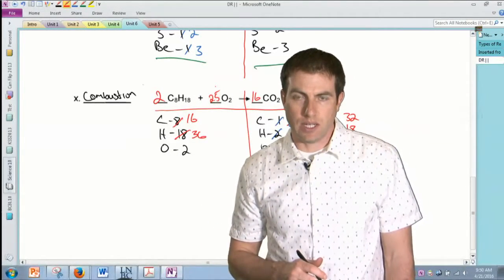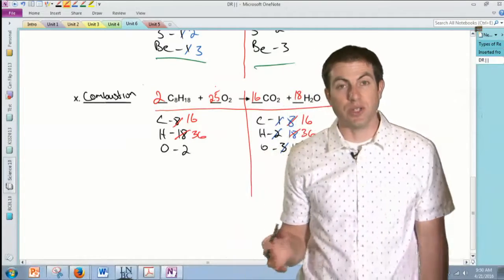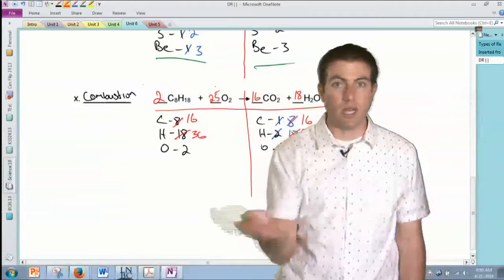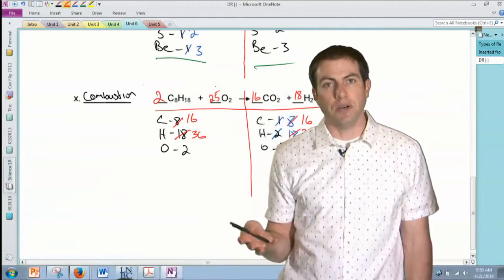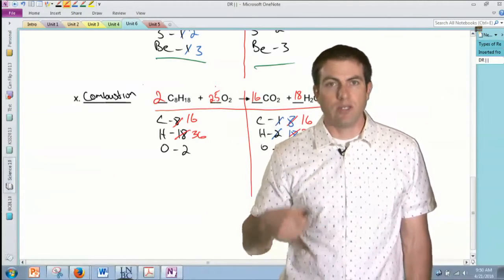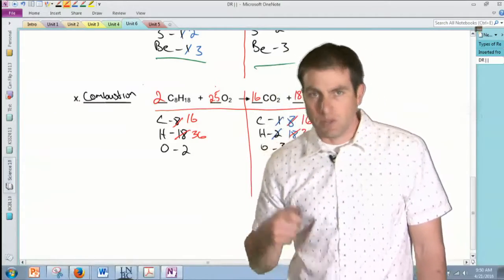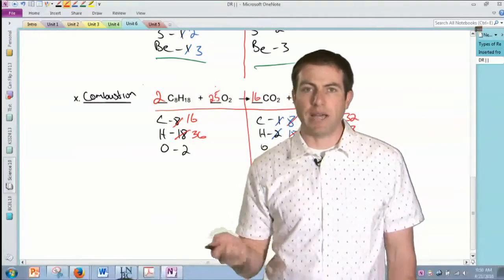You go through it and you realize you have this odd-even thing happening with your oxygens on the right. So if you just double everything, it'll work out for you. And if you go through it again and again and again, I've obviously done these a lot, you see the pattern develop.